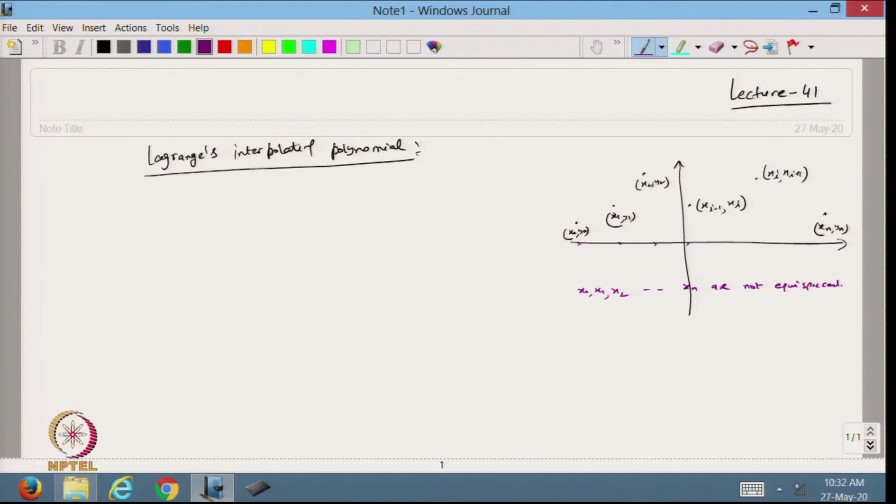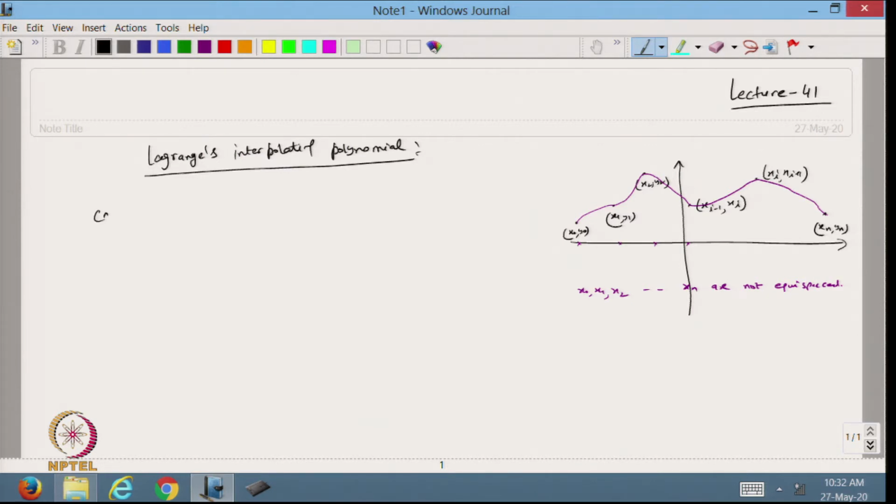In this case I want to find the unique interpolating polynomial that passes through all these points. So, let us start with the expression.